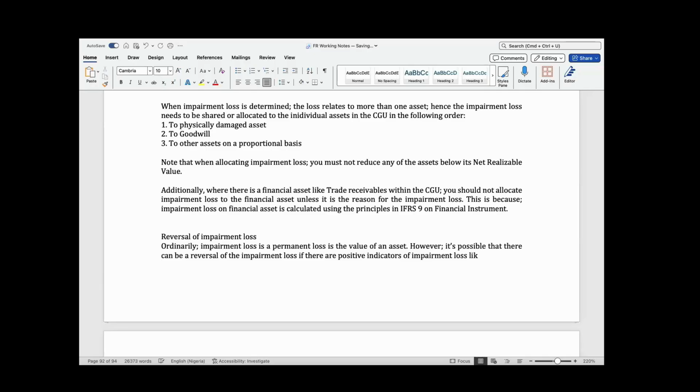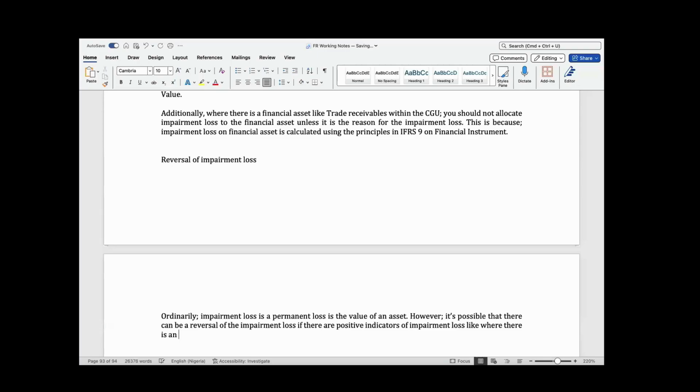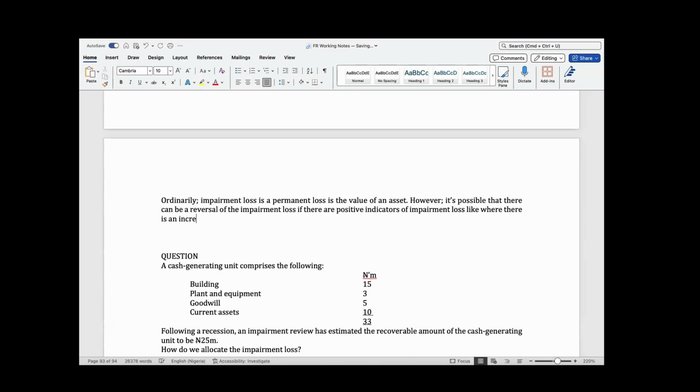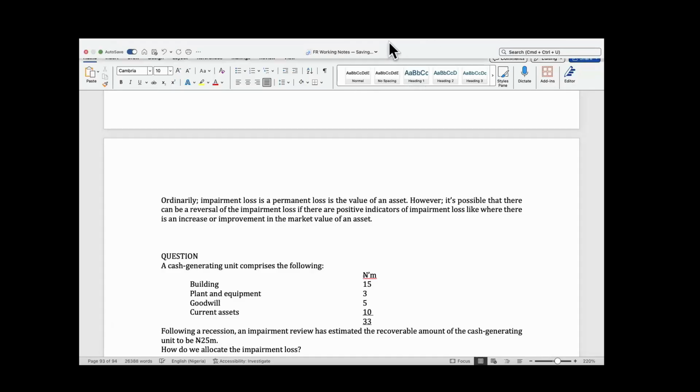If we are seeing positivity, like where there is an increase or improvement in the market value of an asset. If we see that the market value of an asset is going up, that could be a possible indicator for reversing an impairment loss. Now we say, okay, let us use it to reverse impairment loss.